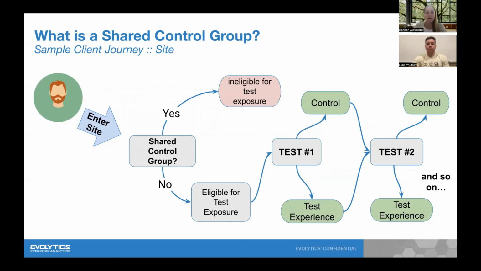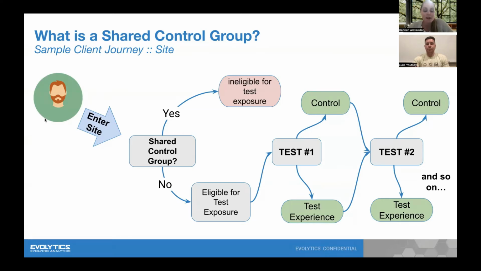The difference with a shared control group is that we have various tests all sharing the same control group. With our medical example, we might have multiple medicines being tested against the same group of candidates who are all on the placebo. I'll talk you through how we do the same thing here on a website.